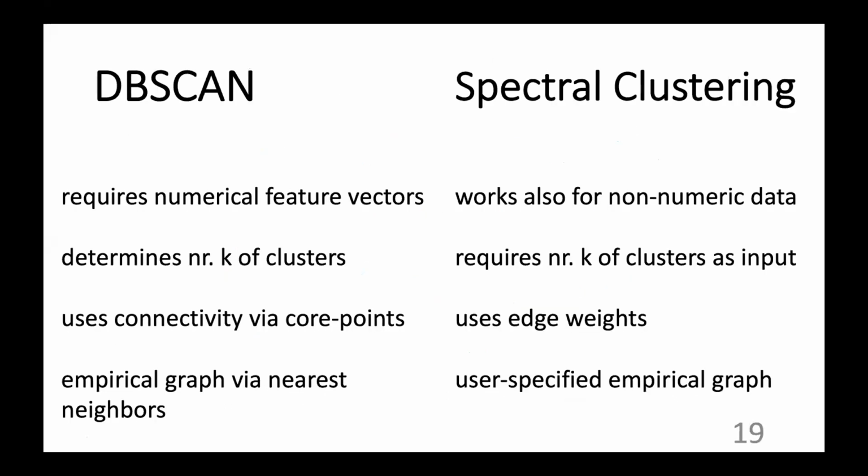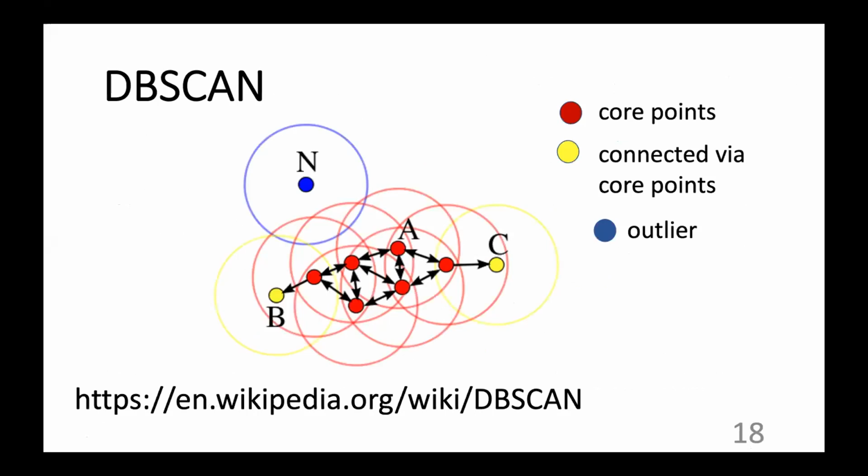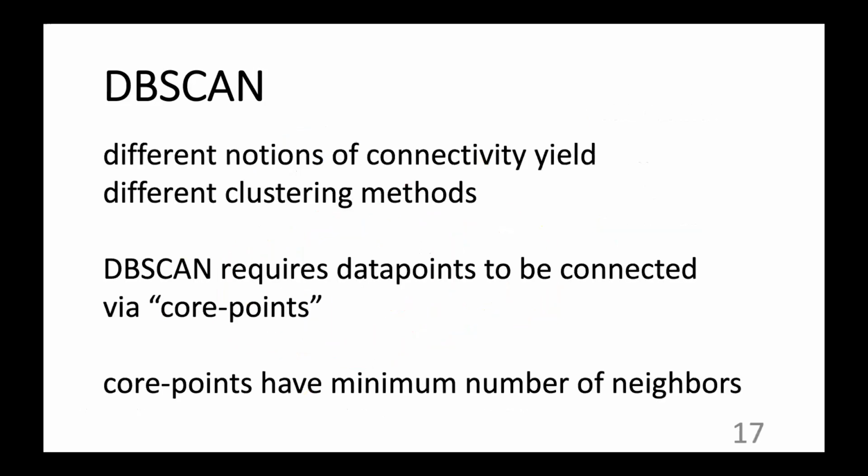Okay, but before I close the theory part of this lecture, I just want to point out one other variant of these connectivity-based clustering methods, which is very popular and called density-based clustering.